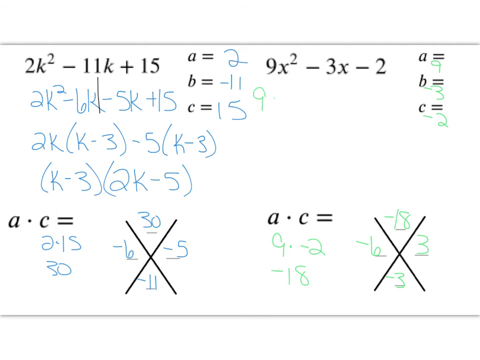So I copy the 9x squared. I write negative 3x as negative 6x plus 3x, and I copy the negative 2. I'm ready to factor by grouping. I look at the first two, 9x squared minus 6x. I can factor out a 3x, and I'm left with 3x minus 2.